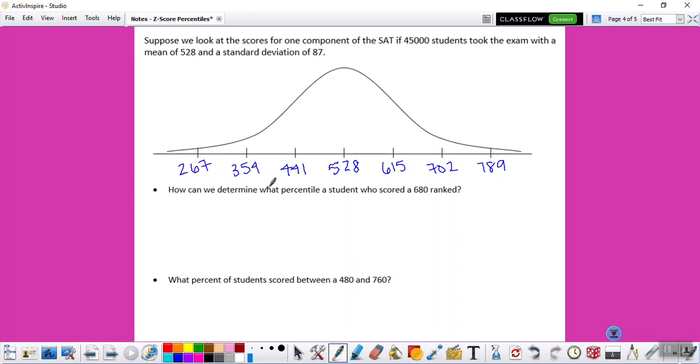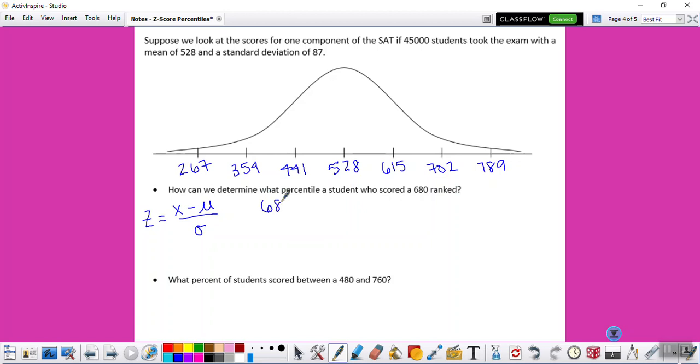So how can we determine what percentile a student who scored 680 ranked? So 680 was not exactly one of our standard deviations, somewhere in between 1 standard deviation and 2 standard deviations. So we're going to use our z-score from last class. So remember, z equals x minus mu over sigma.